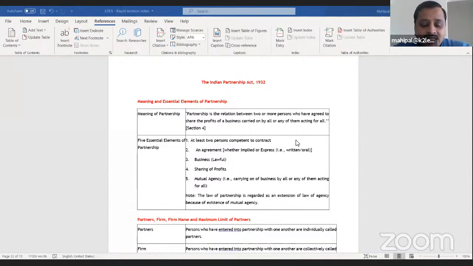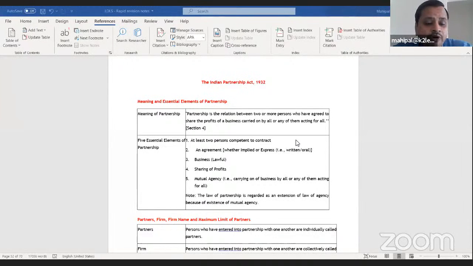Whenever, as in the initial class in the morning, I told very important terms: carried on by all, any one of them acting for all. These are the key terms which you cannot miss. Clear? The essential elements are: there must be at least two competent persons to carry on the contract. There must be an agreement which is either implied or expressed.